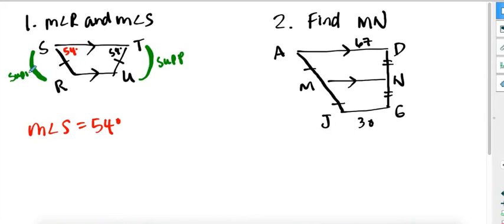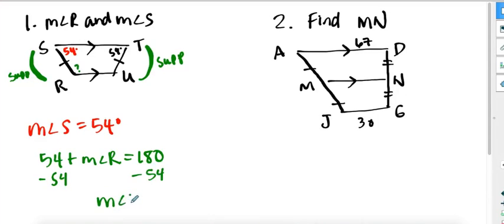So if we're going to try to find the measure of R, then we would say that 54 degrees plus the measure of R equals 180 degrees. Then I can subtract 54 from both sides, and I get the measure of R to be 126 degrees.